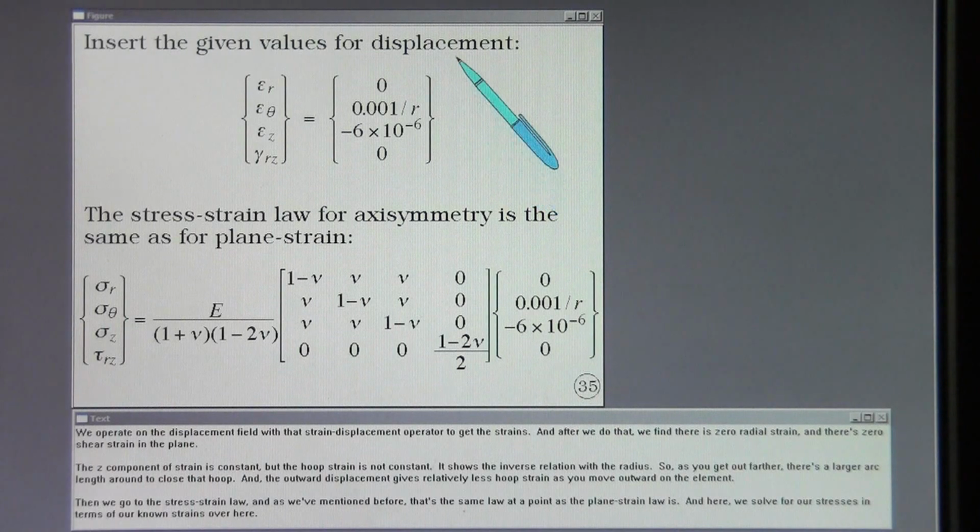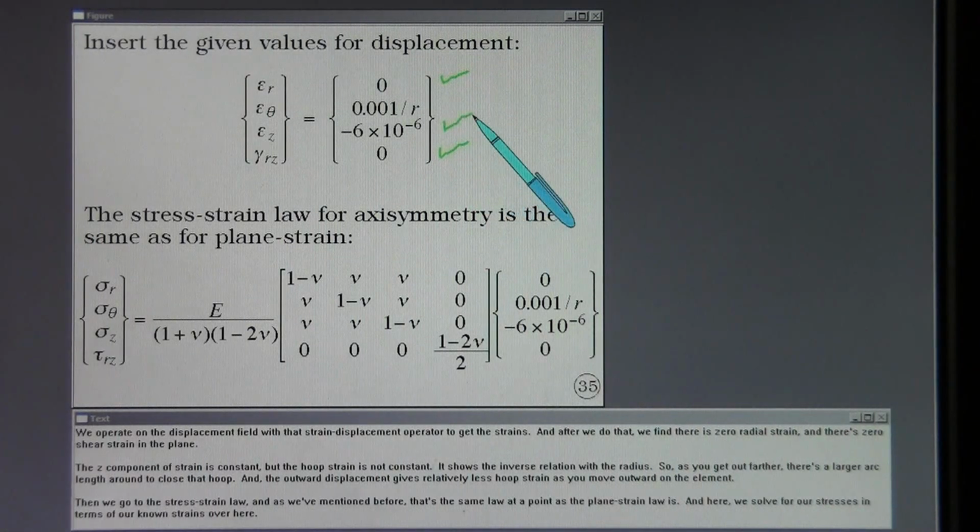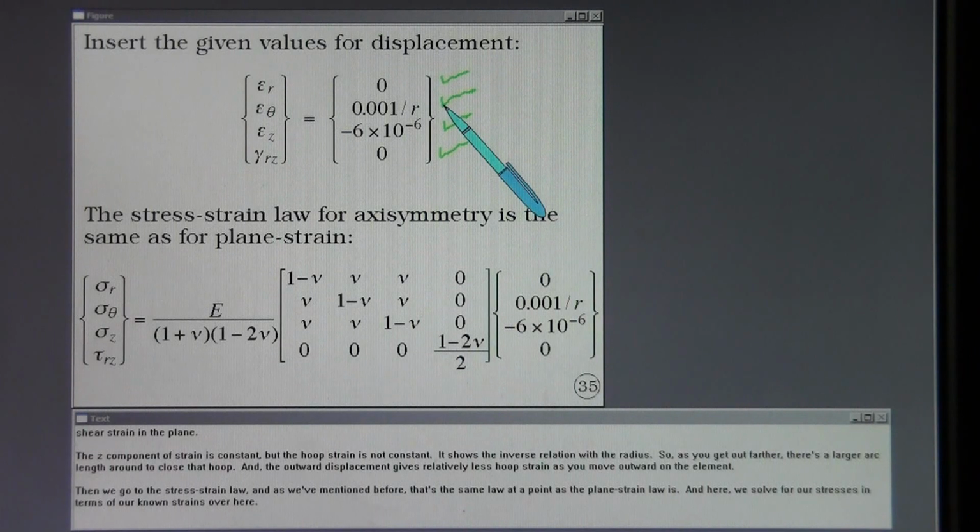And after we do that, we find there is 0 radial strain and there's 0 shear strain in that plane. The Z component of strain is constant, but the hoop strain is not constant. It shows the inverse relation with the radius. So as you get out farther, there's a larger arc length around to close that hoop, and the outward displacement gives relatively less hoop strain as you move outward on the element.